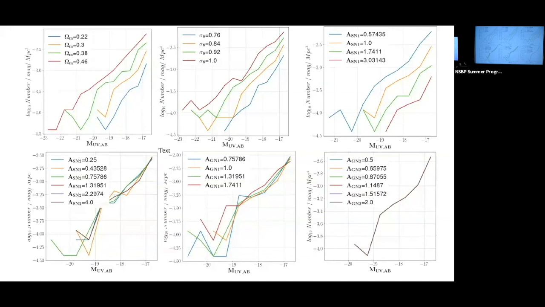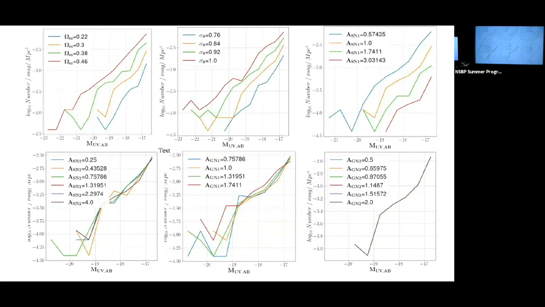The first thing that we did, since we're using luminosity functions, was to see which parameters affected the luminosity functions. We can see that only the first 3 parameters affect the luminosity; the other ones don't change it. These are the omega matter, the sigma 8, and the stellar feedback.